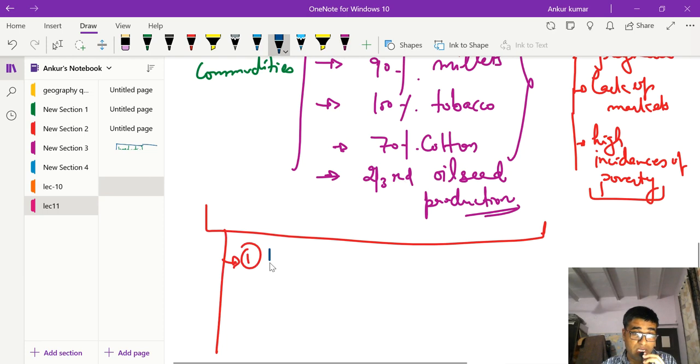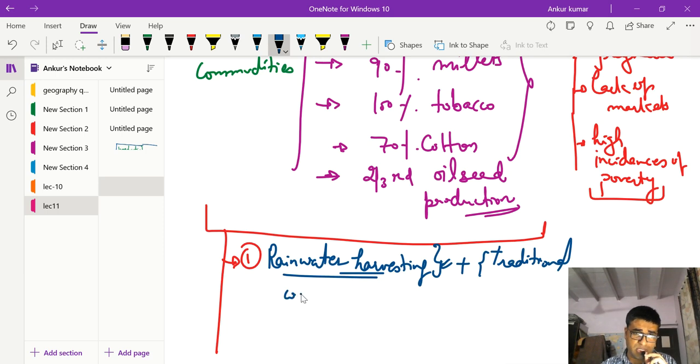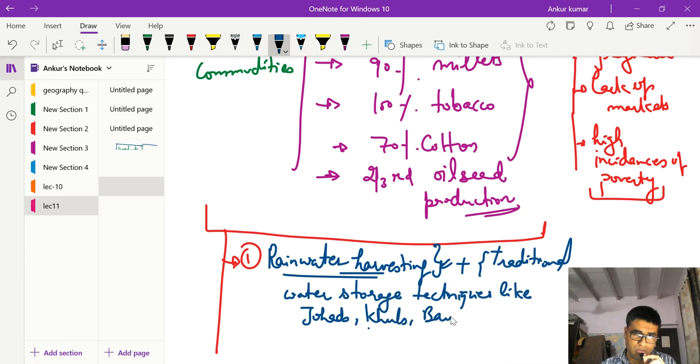To tackle the water stress in the dry time when there is no rainfall, the rainwater harvesting technique along with traditional water storage techniques like johads, khulls, bowlies.